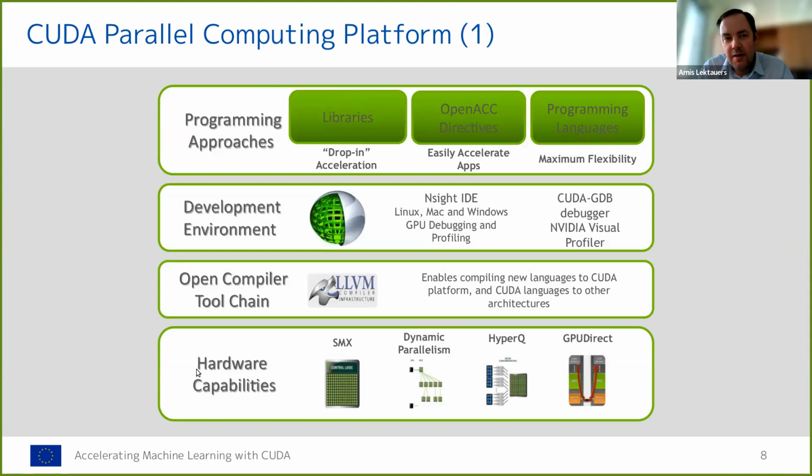By looking at the software platform together with hardware capabilities, in the given slide, you can see from what components a CUDA parallel computing platform consists. At the lower level, there are hardware solutions, GPUs, and the next higher level components are from the software point of view, starting from the compiler toolchain.